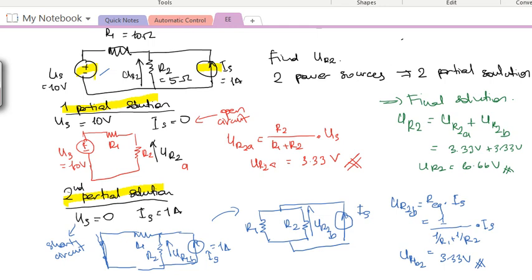And in identifying each partial solution, you need to switch off the power sources that are not considered. For example, here, if you don't consider a current supply, it means you transform it into an open circuit. And if you have to disregard a voltage supply, then it becomes a short circuit.